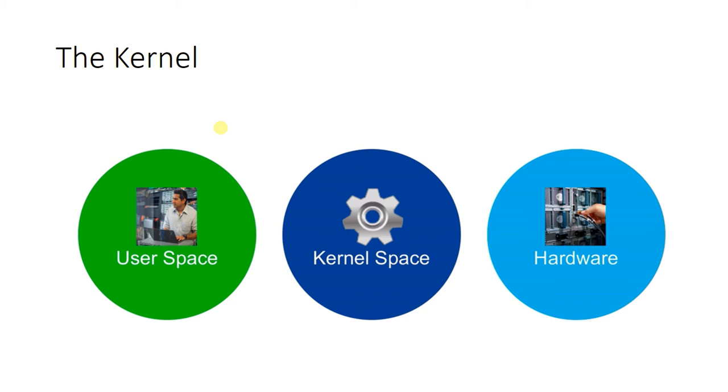Now we need all of these to be able to do anything in any computer. And that doesn't matter whether we are using Linux or a cell phone that has an operating system on it. There is a user space, there is some kind of background kernel space, and then there is the hardware that we work with. Let's break each of these down.